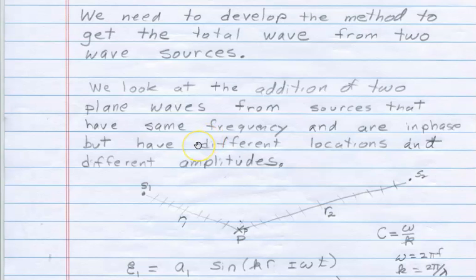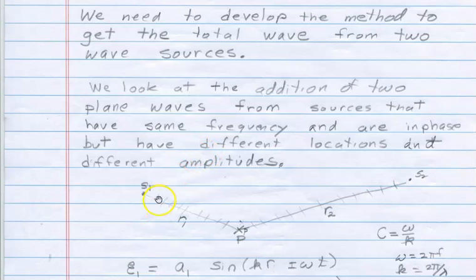The only difference is I'm going to have two waves at different points. The sources of them, S1 and S2, source 1 and source 2, are probably point sources or something approximating point sources.